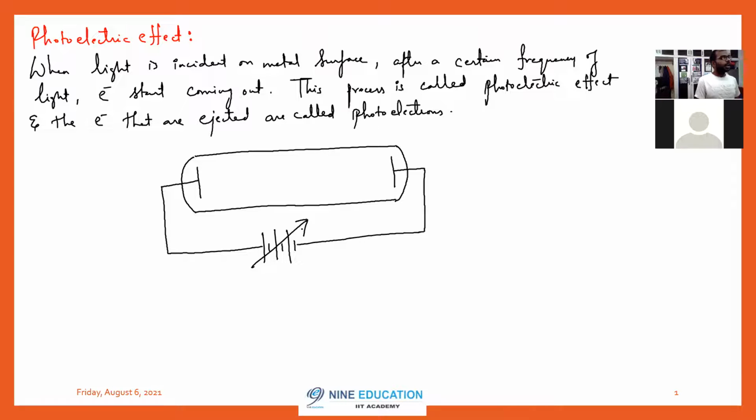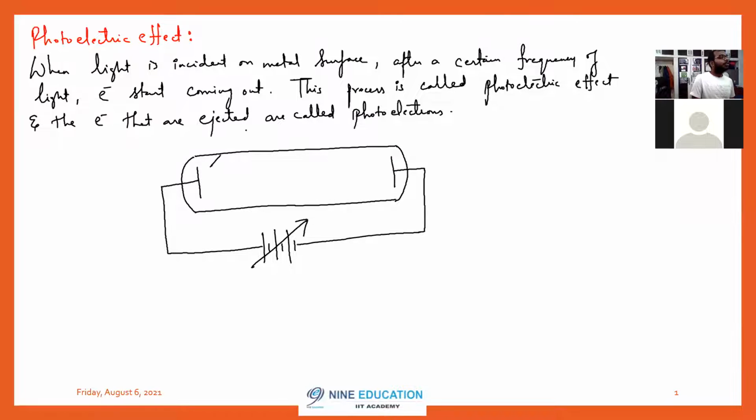This EMF can be altered. In between, you can place an ammeter and voltmeter to measure the voltage and current flowing in this wire. Now this plate is connected to the positive side, and this plate is connected to the negative side. So you can call this the anode plate, and this is the cathode plate.